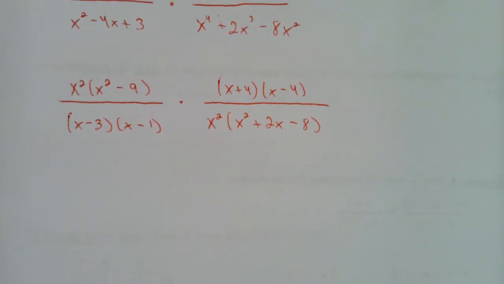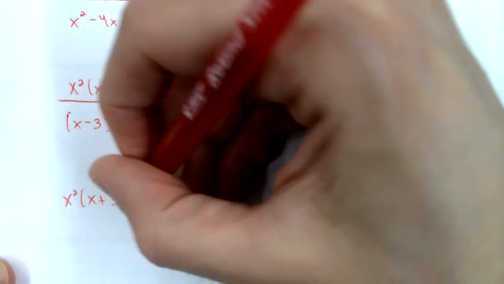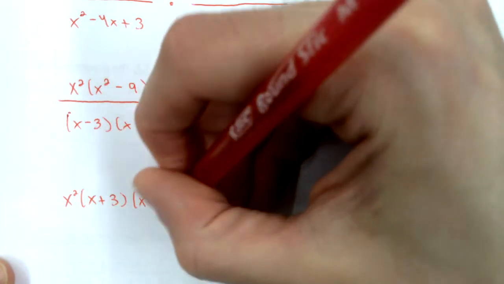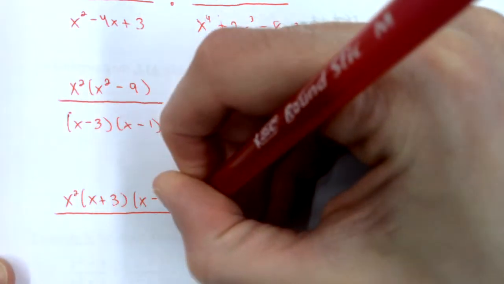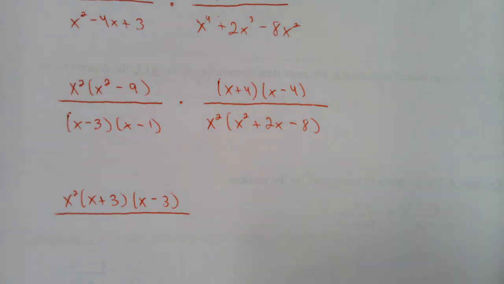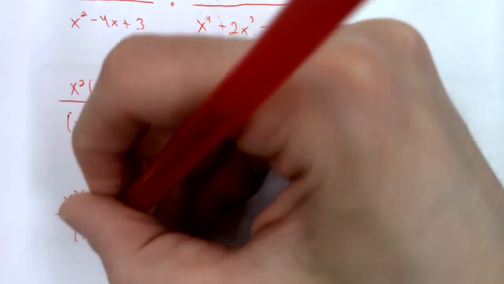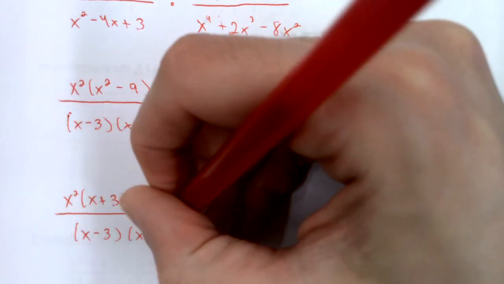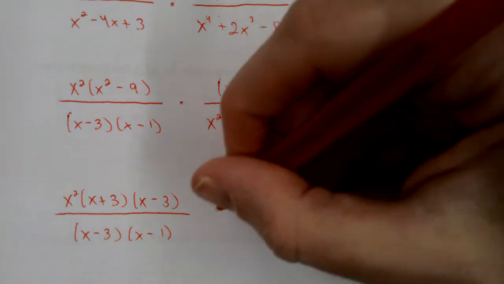So the top left in the parentheses, that's the difference of two squares. So x squared times x plus 3 times x minus 3. The bottom left can stay as is. The top right can stay as is.